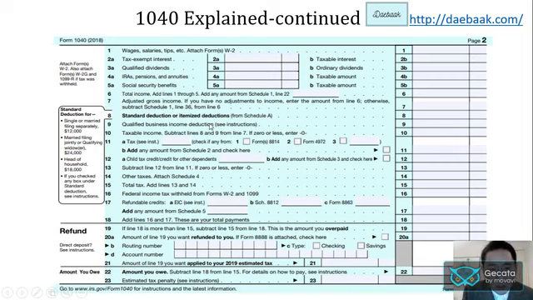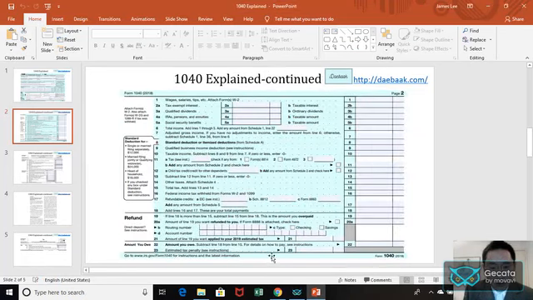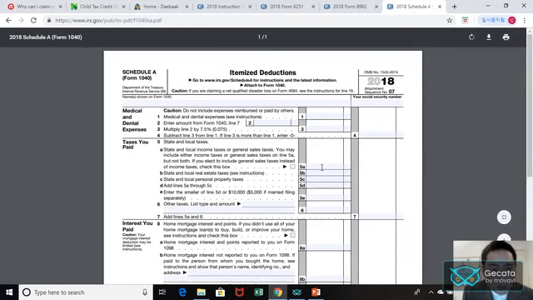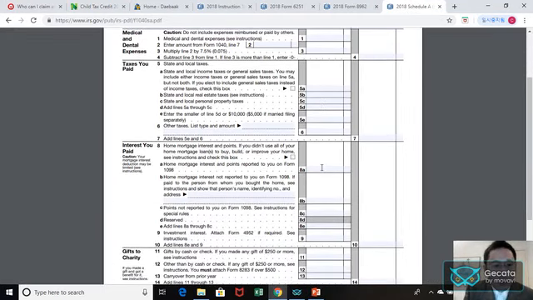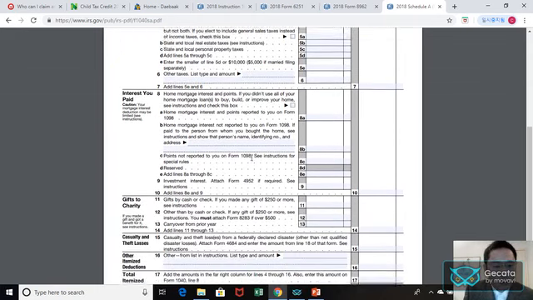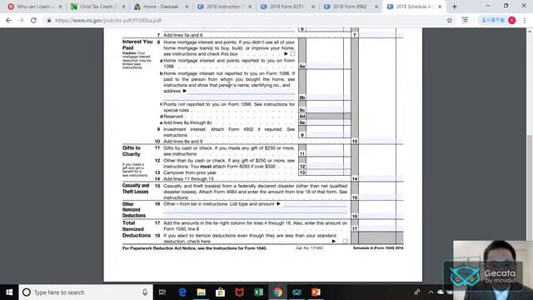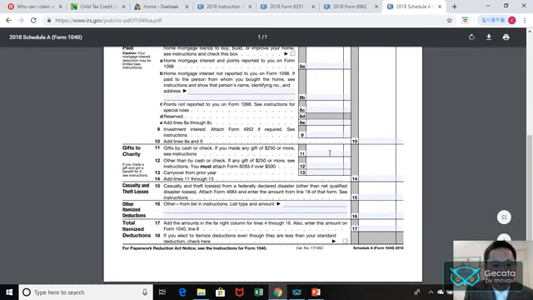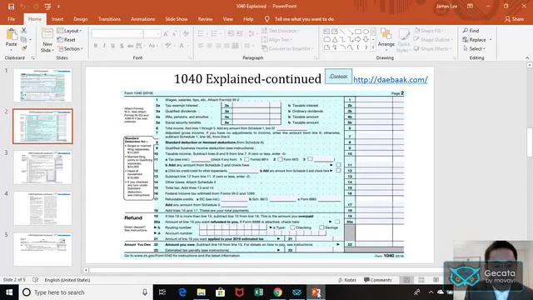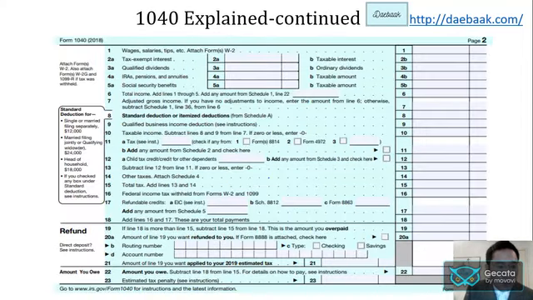If you want to take a look at the itemized deduction, you will see Schedule A, and review if you incurred any of these expenses. If the total amount of itemized deduction on Schedule A is greater than your standard deduction, use itemized deduction. Otherwise, use standard deduction.